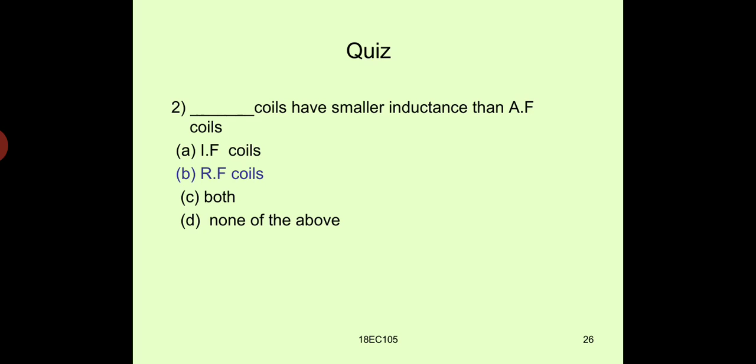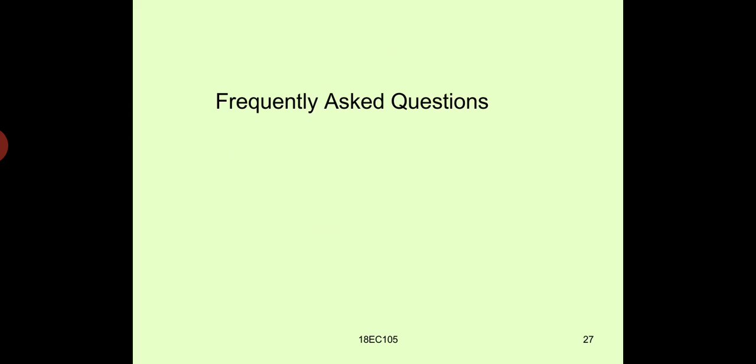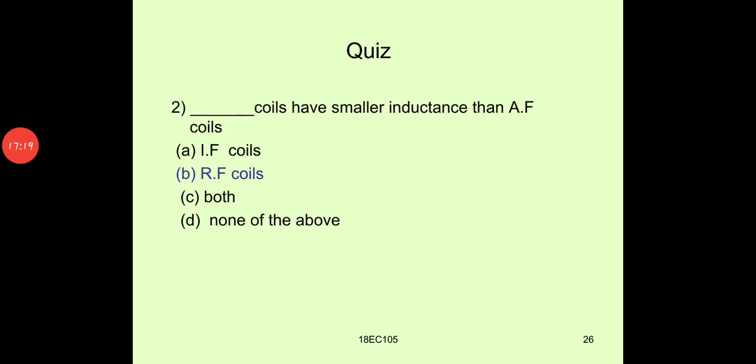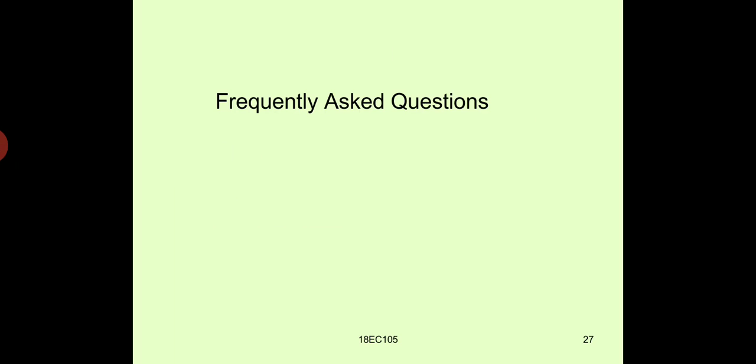So we are comparing them, trying to see which coils will have smaller inductance than that of AF coils. The right answer is RF coils. Here you can see B is the right answer, shown in blue color.